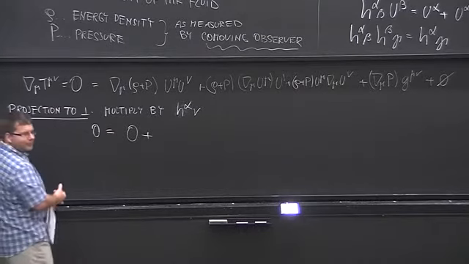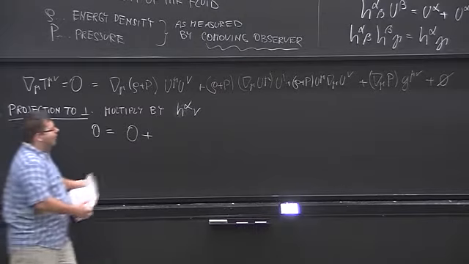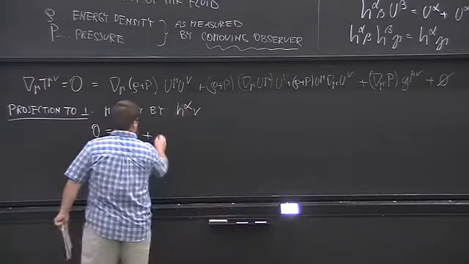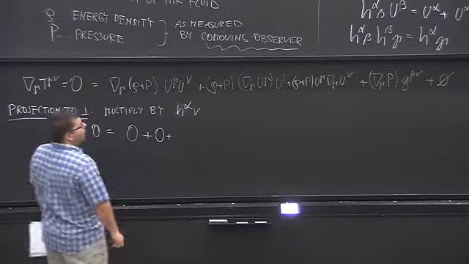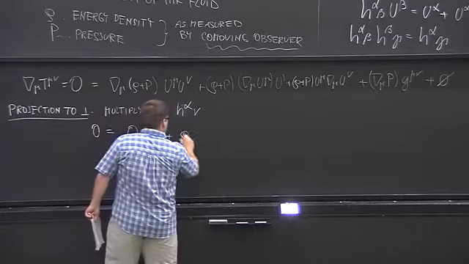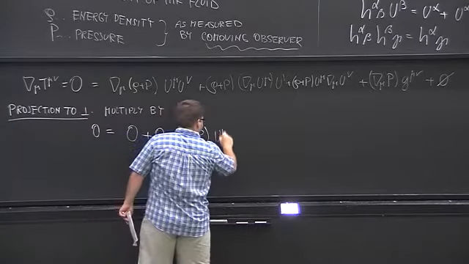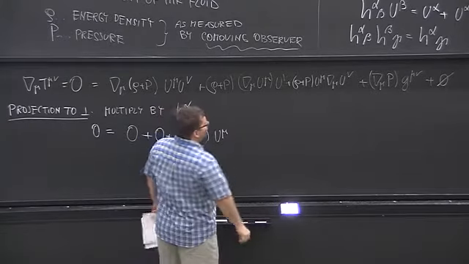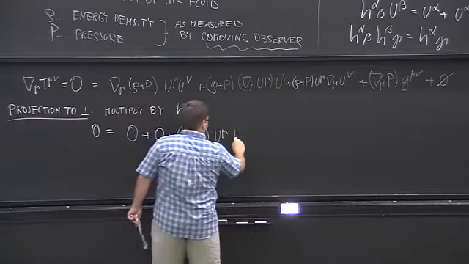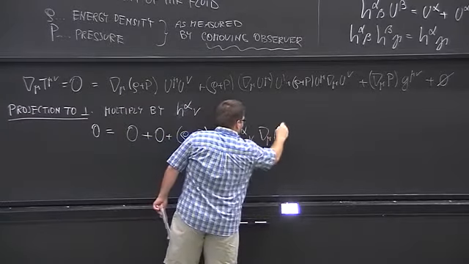What about the second term? You also have a u nu. Exactly. So you also hit this one here, so you get another 0. Then I have the third term, which is rho plus p u mu, and then I have this h alpha nu nabla mu u nu.